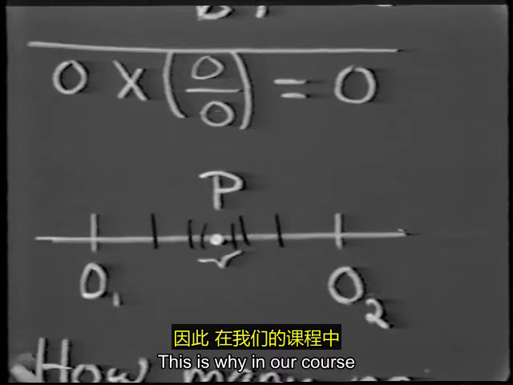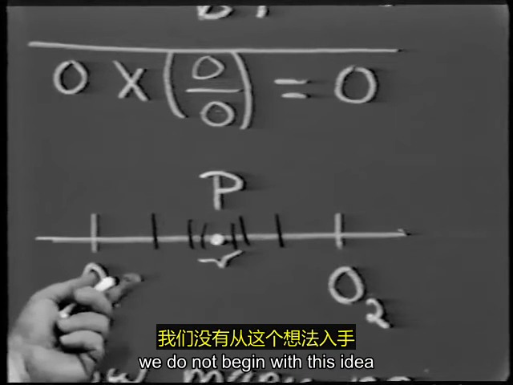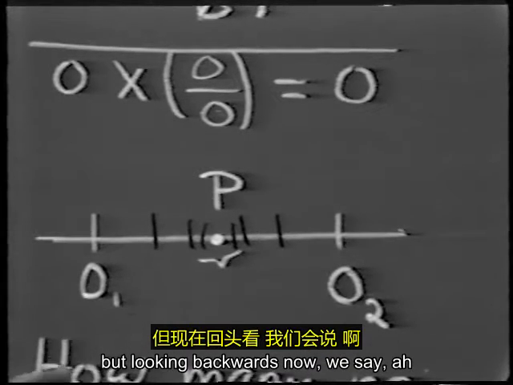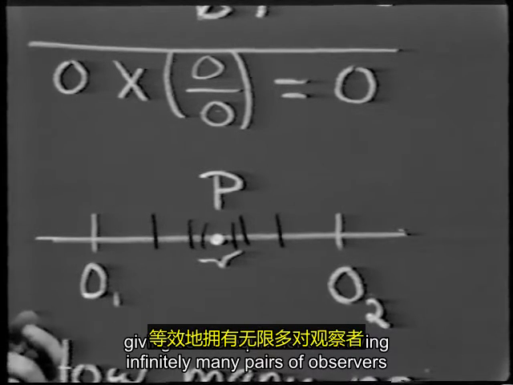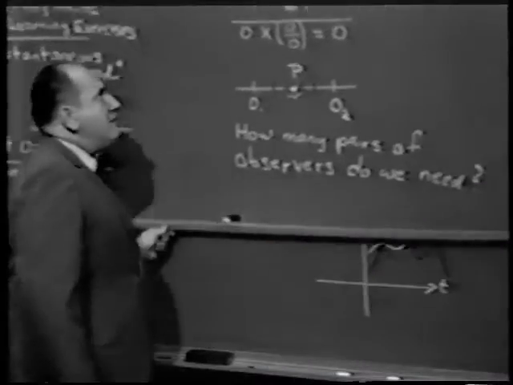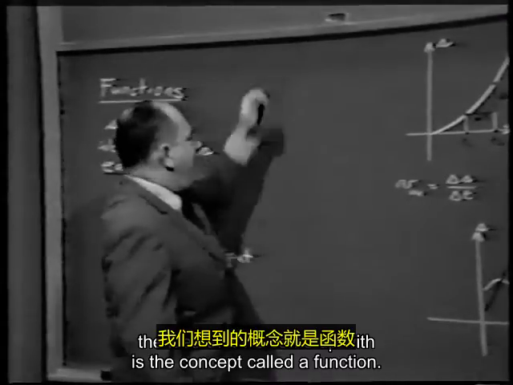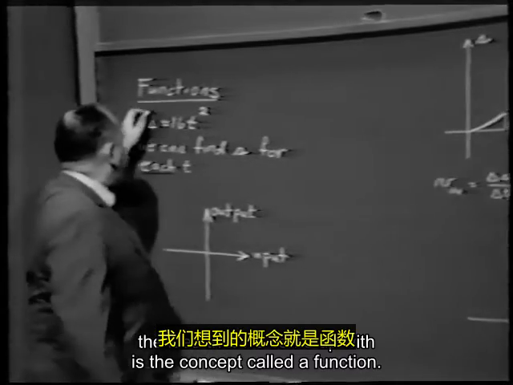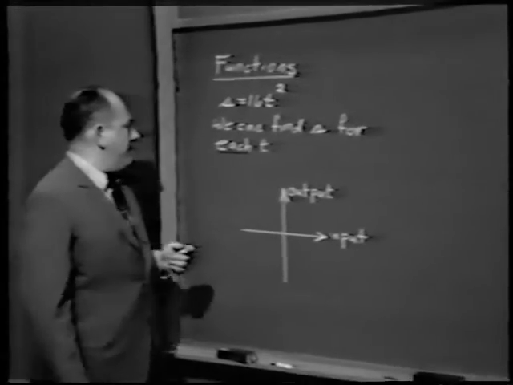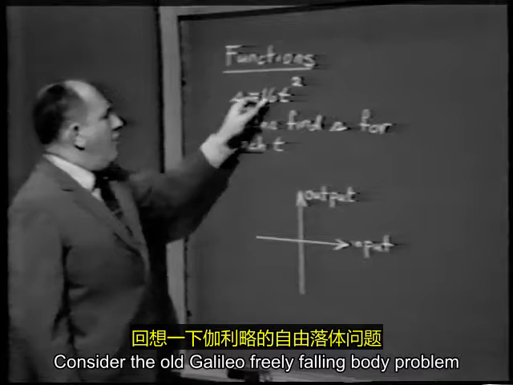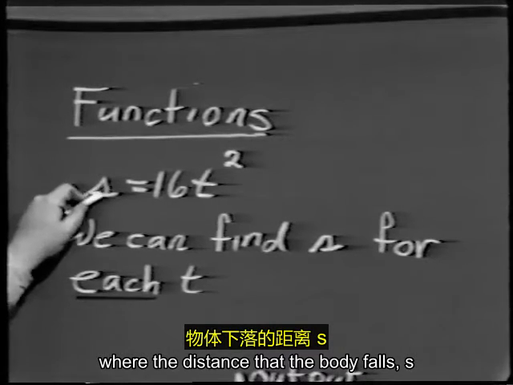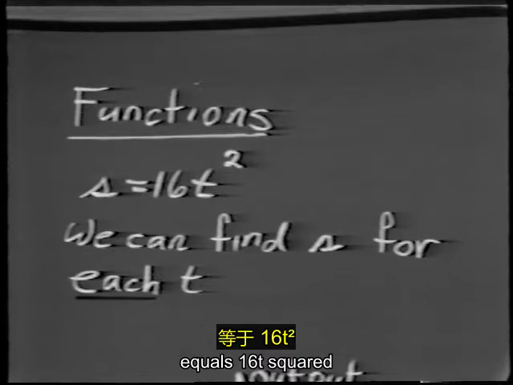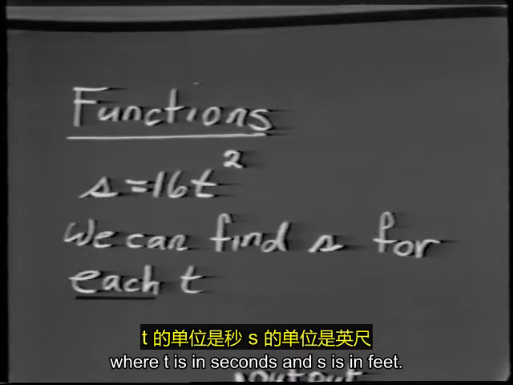This is why in our course, we do not begin with this idea, but looking backwards now, we say, we had better find some way of giving us the equivalent of having infinitely many pairs of observers. And to do this, the idea that we come up with is the concept called a function. Consider the old Galileo freely falling body problem, where the distance that the body falls, s, equals 16t squared, where t is in seconds and s is in feet.